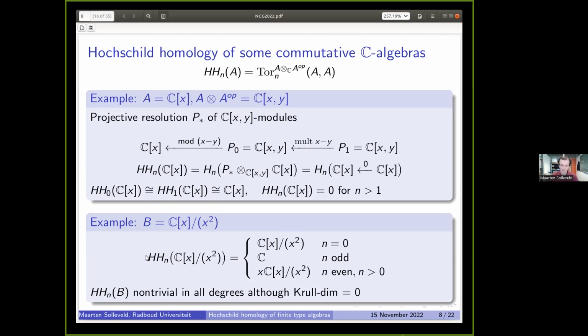That's right, sure. So it's a good thing of Hochschild homology that it doesn't vanish, because it tells you that the algebras are singular. Sure, it detects the singularity at the origin, or it detects that there are nilpotent elements. So certainly it has interesting information. That's true.